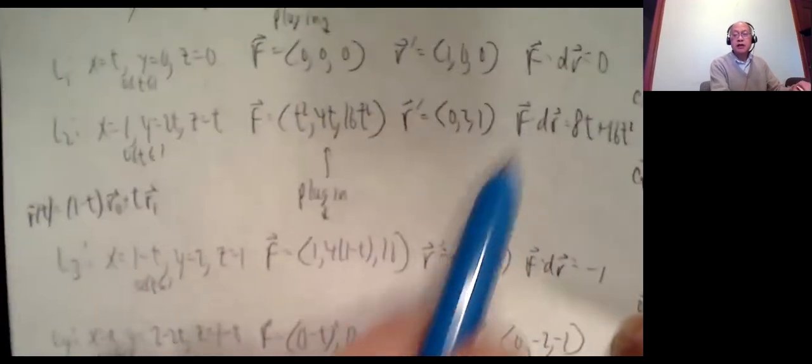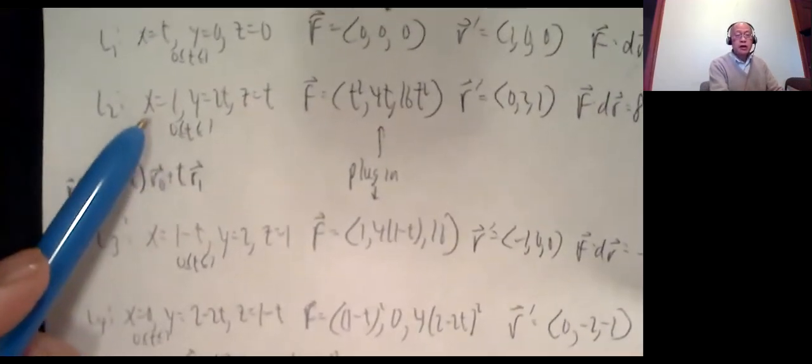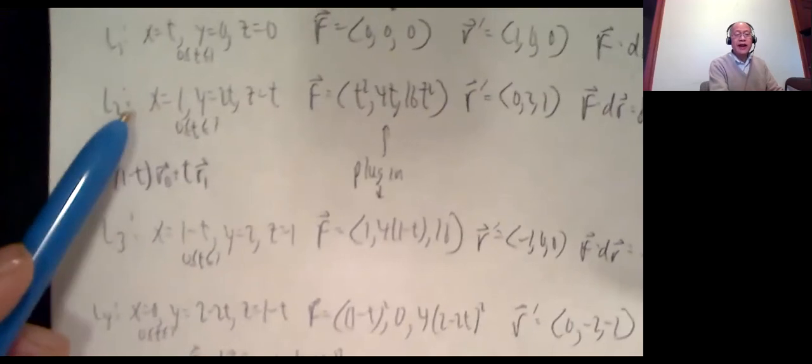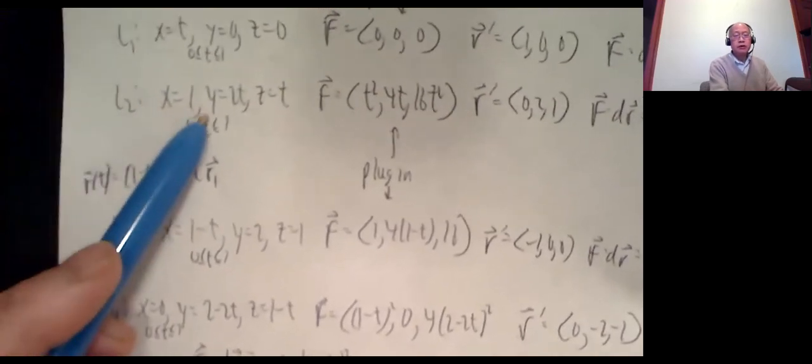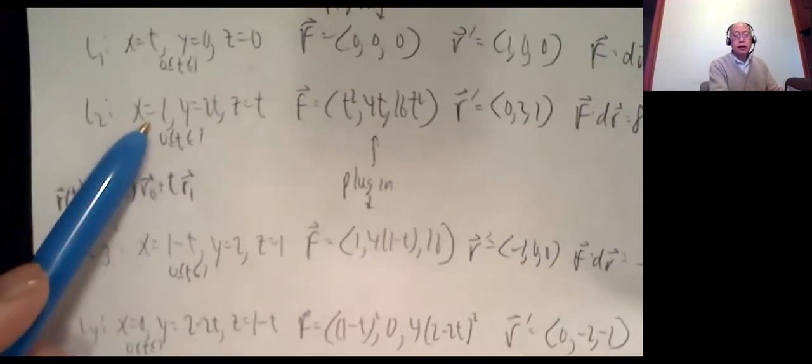And then dr is the same as r prime. Remember, (x, y, z) is r, so the vector can be thought of as (1, 2t, t). All right, so the derivative is (0, 2, 1).